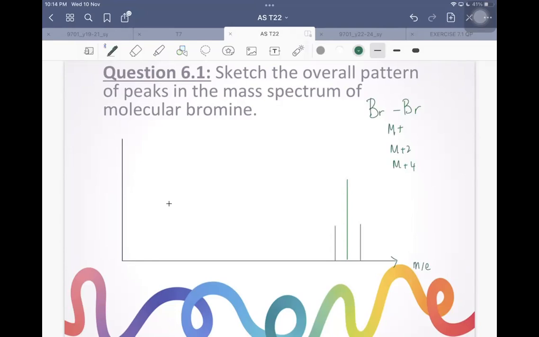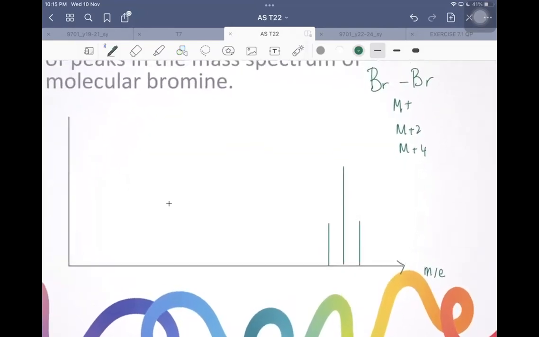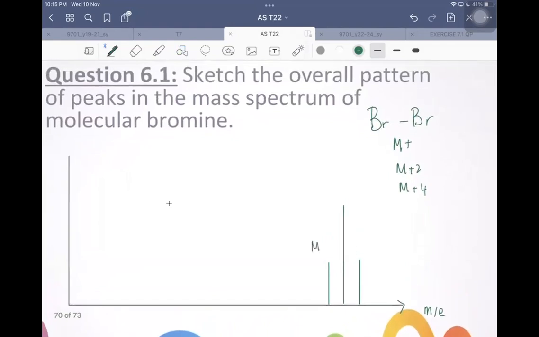Okay. This is my M+ peak, and this would have been caused by the lighter bromine, 79 and 79. And if I add that up, it's 158.